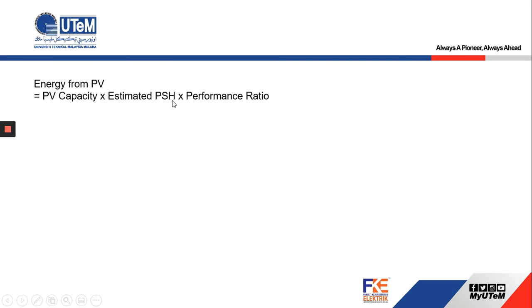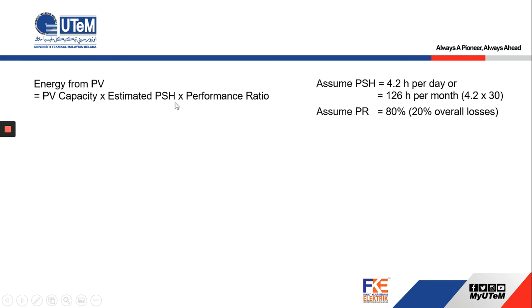Okay, so for the estimated peak sun hour, we are going to assume 4.2 hours per day, roughly, or 126 hours per month. So we want to convert it into monthly values. These are very rough estimations, and we must remember that peak sun hour is dependent on location.